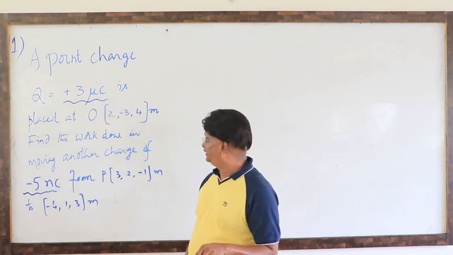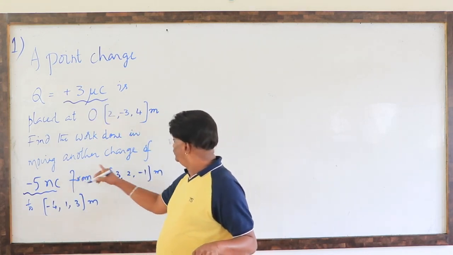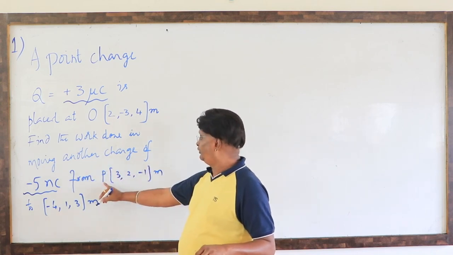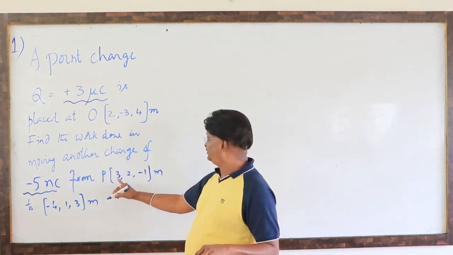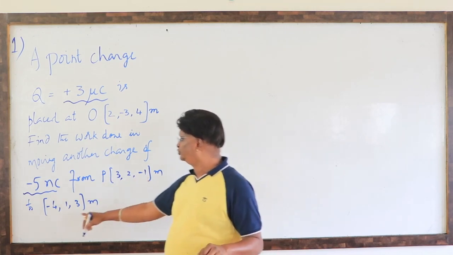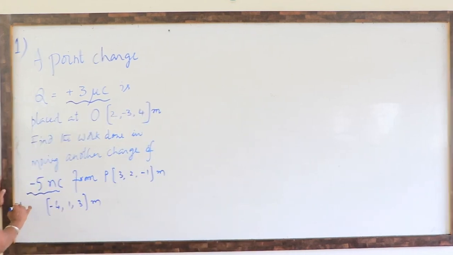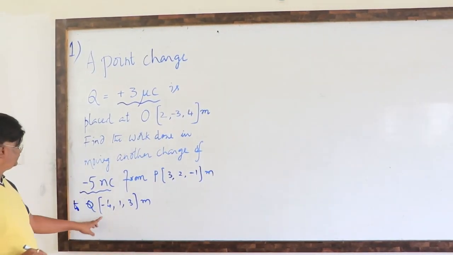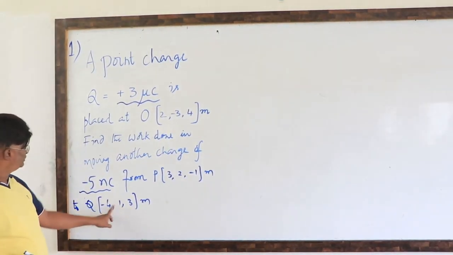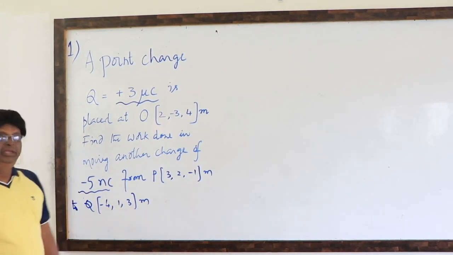Good observations. Now this charge is moved from the point P, whose location is (3, -2, 1), to another point. So I call it Q, which is (4, -4, 1) 3 meter.